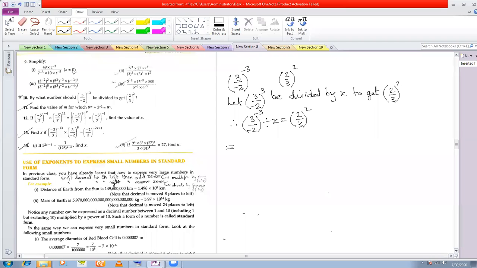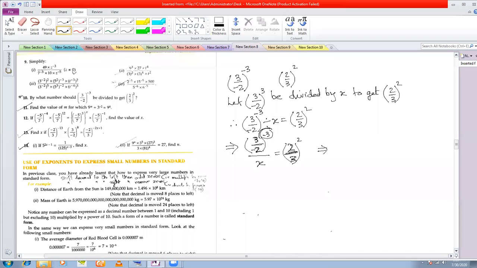Now see what happens. This is a negative exponent. You also see that the base here is 2 by 3 and here it is 3 by 2, and you know that 3 by 2 is the reciprocal of 2 by 3.